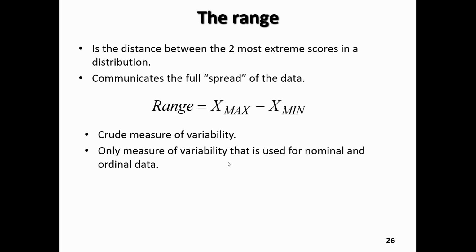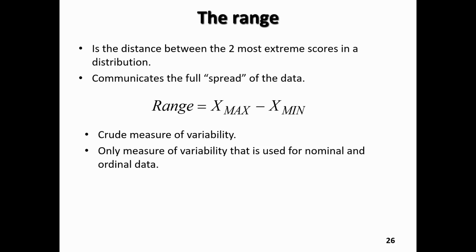The range for interval or ratio data is actually helpful as the first type of variability to calculate because it will identify any possible mistakes that have been made in data entry if there is a very large deviating score that's not expected to be among that data set.